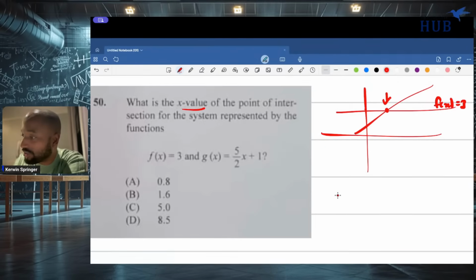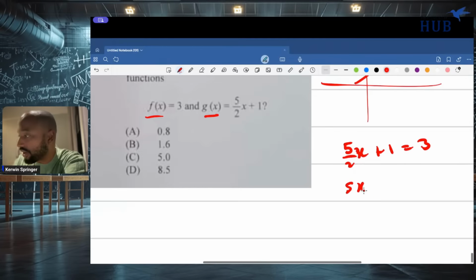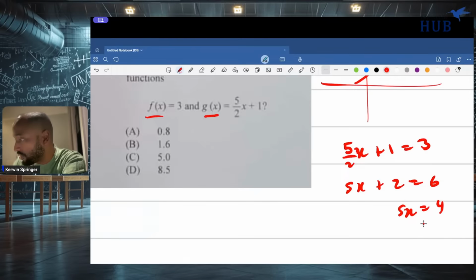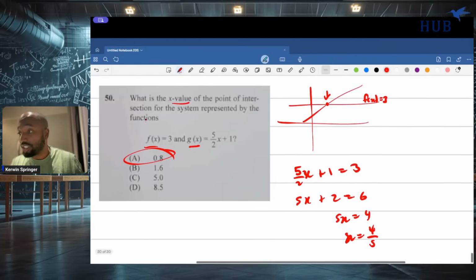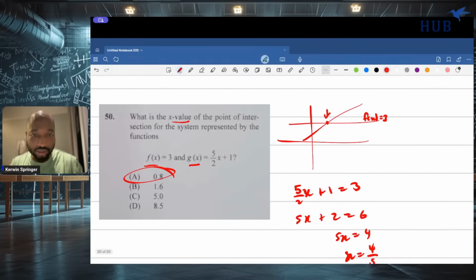Don't worry about seeing g of x and f of x, just equate them. So 5 over 2 x plus 1 is equal to 3. If we multiply by 2, this is 5x plus 2 is equal to 6. 5x is equal to 6 minus 2, which is 4. X is equal to 4 over 5, which is 0.8. So 0.8 is the answer.